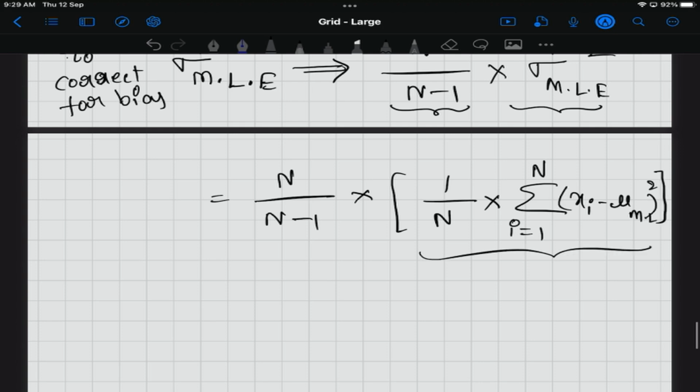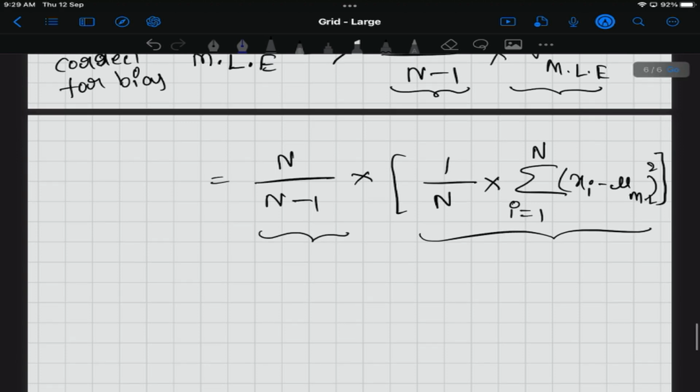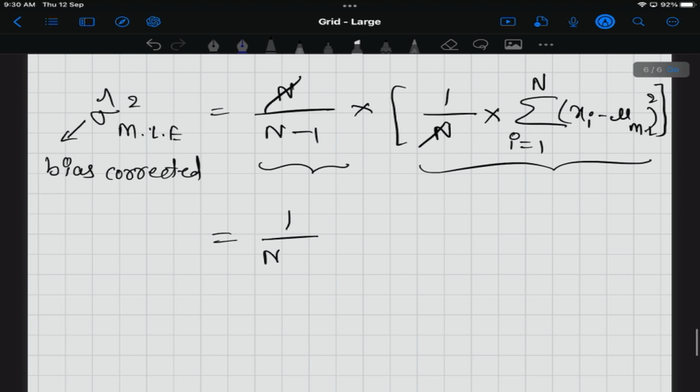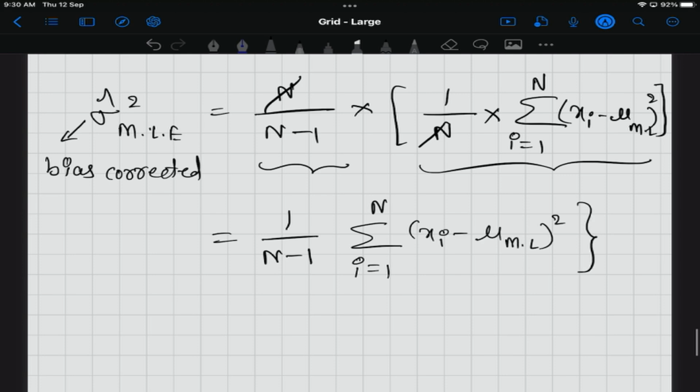So this was your previous expression, and now you are doing the bias correction using this term. So after your bias correction, what is your MLE? As n and n will cancel out, you will have 1 by n minus 1. Okay, so this is after your bias correction.